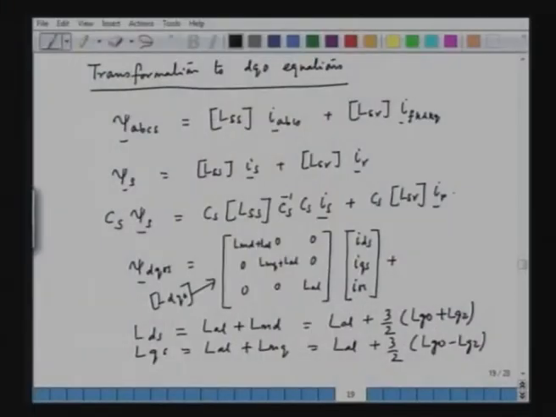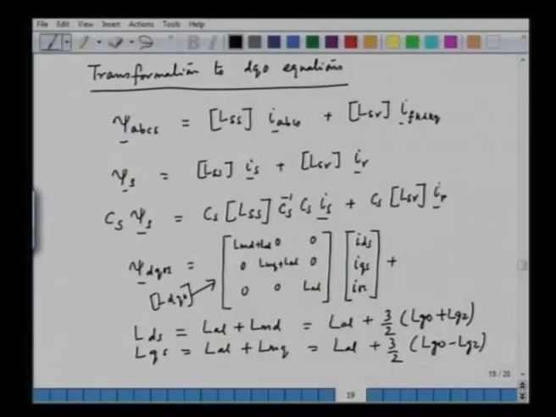That matrix has constant inductances like LMD. It is interesting, because when we transform into the rotor reference frame, we see that the inductances here are constant inductances. Plus, this matrix also, if you simplify, will appear in the following fashion. The currents will also be transformed.